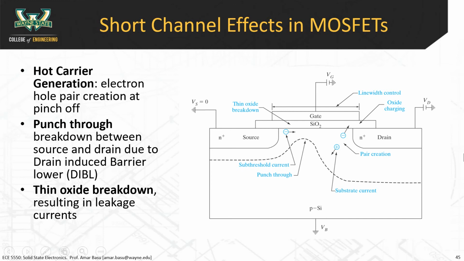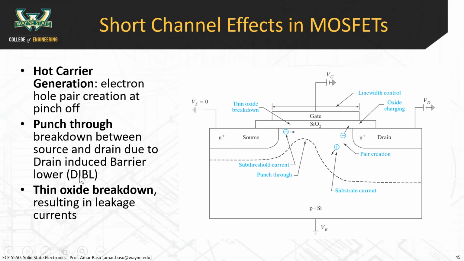That's what this is showing here, a pair creation, and that can create some substrate current. If the electron embeds itself into the oxide, which it can do, the electron has so much energy that it can just slam into the oxide and it ends up staying there. That results in oxide charge, and that will change your threshold voltages over time. So hot carrier generation is one issue in short channel transistors.